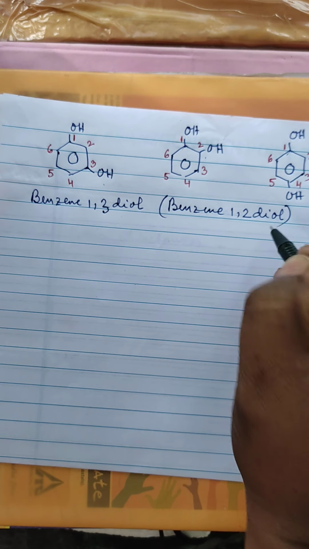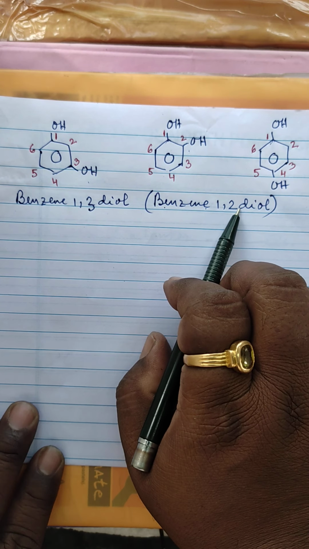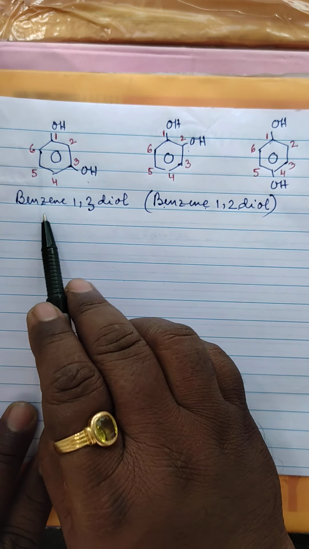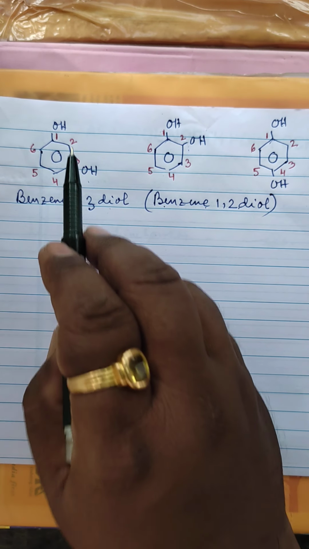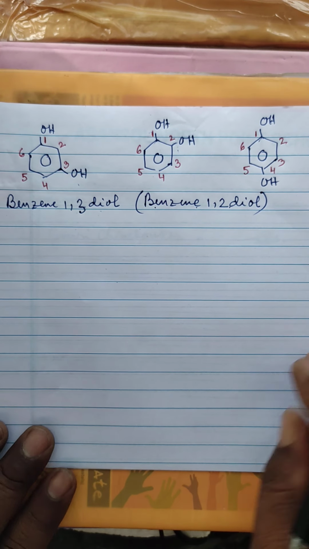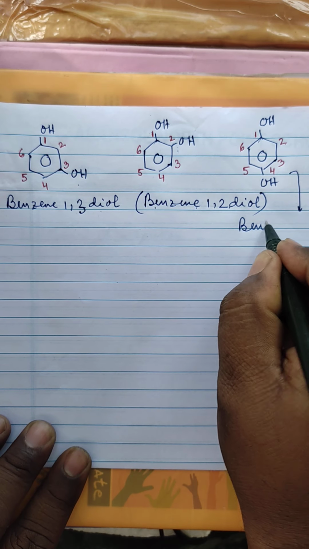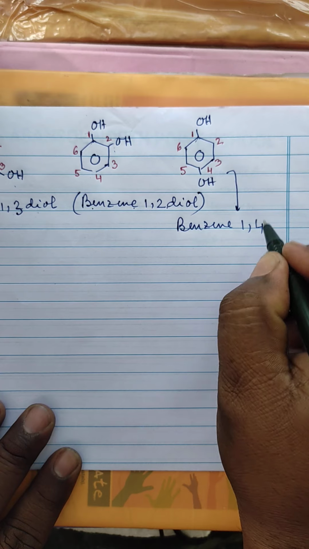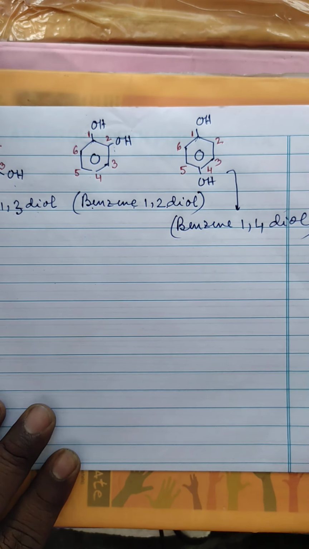This compound is called benzene 1,2-diol. Why? Because the OH is located at position 1 and 2. In this we call it benzene 1,3-diol because OH is located at position 1, position 3. In this we name this compound as benzene 1,4-diol. This is how we name this compound.